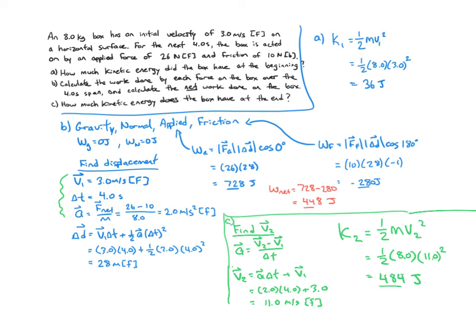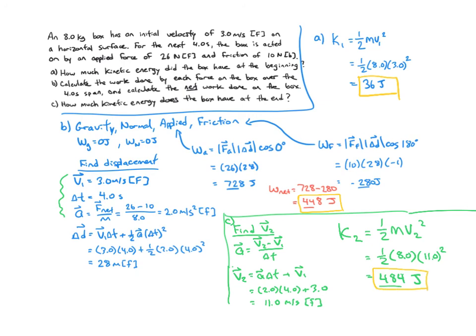However, the thing I want to show you, and I ask you to do this on the Google Doc, is there a relationship between these three answers? So there's a starting kinetic energy, 36 joules. And then the forces acting on it did a net of 448 joules on the object. And the final kinetic energy was 484.